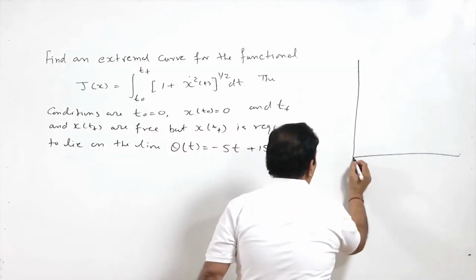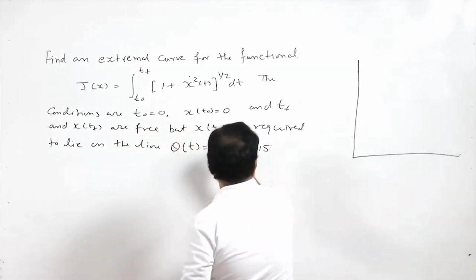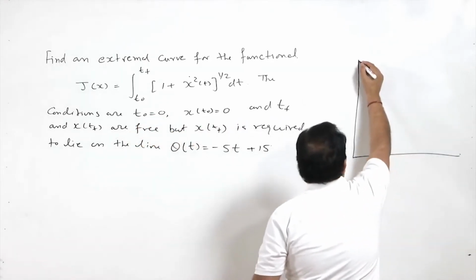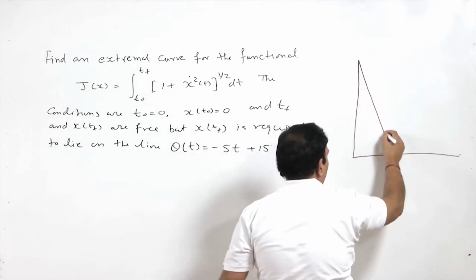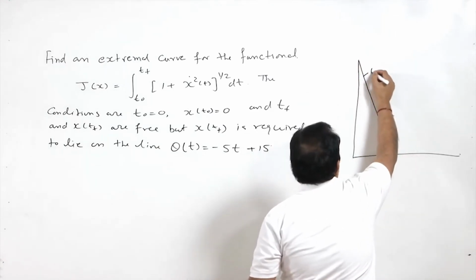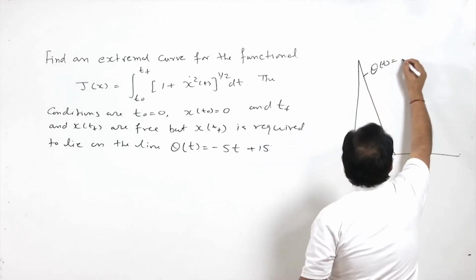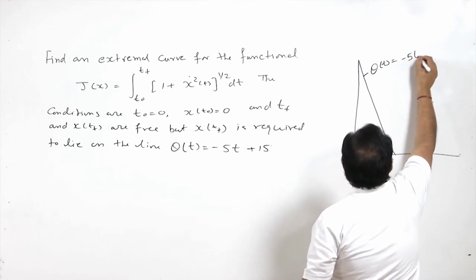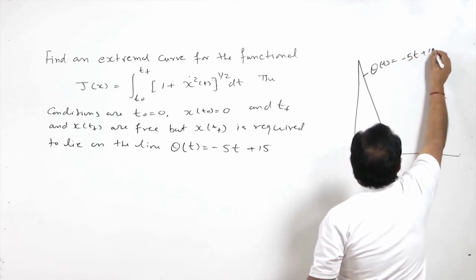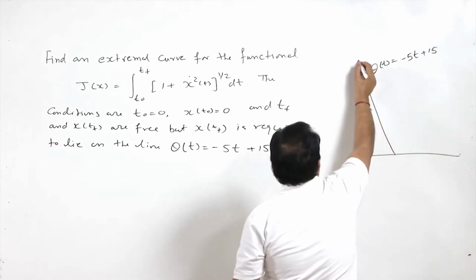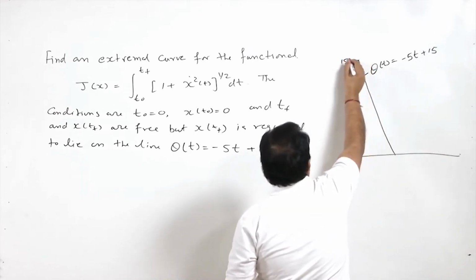Now, if you see what my problem actually is, I have to start at the origin, t equal to 0, xt0. This is my theta t line, which is minus 5t plus 15. At t equal to 0, this value is 15.